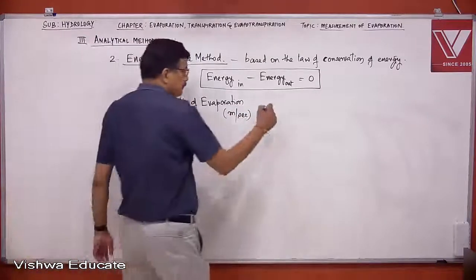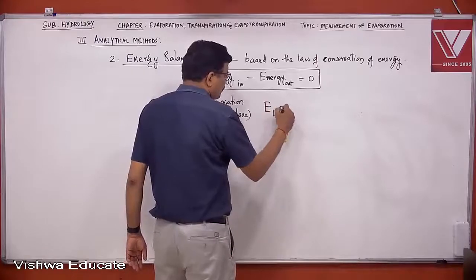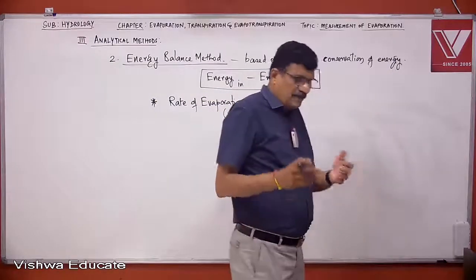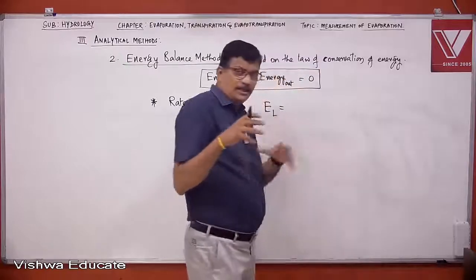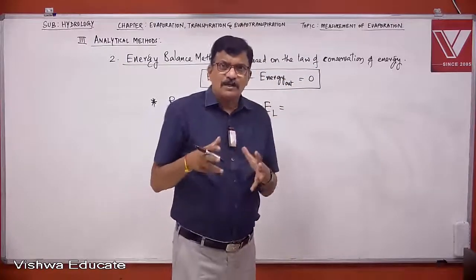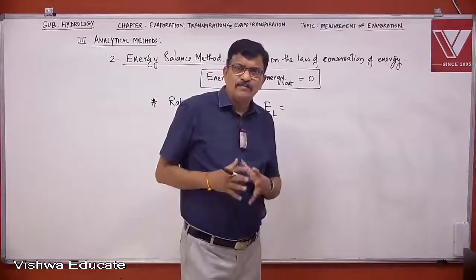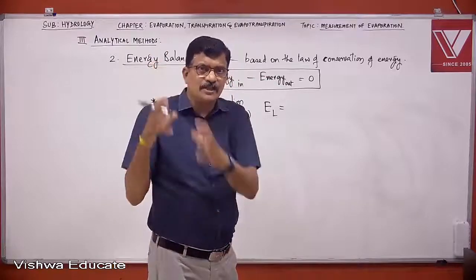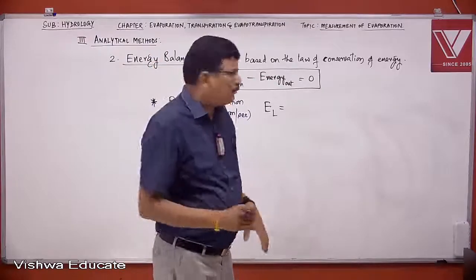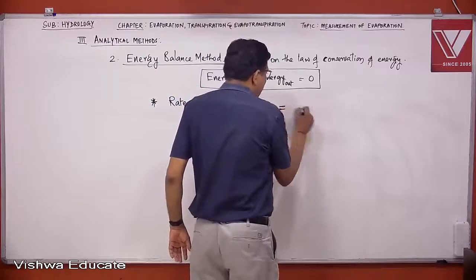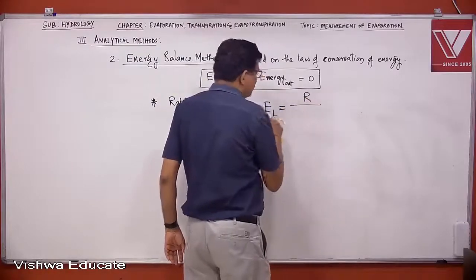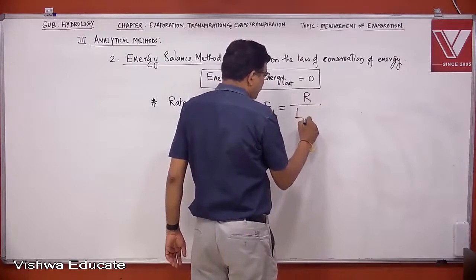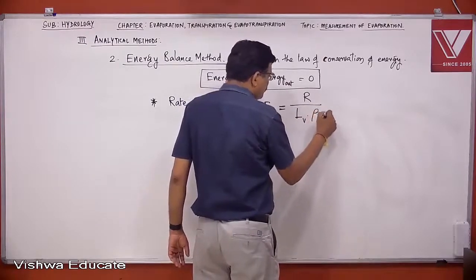This evaporation loss rate can be written as, because evaporation is mainly due to the radiation energy, right? The sunlight, the light energy. So using that energy, in the formula, we can evaluate this loss of evaporation as R by LV into rho.